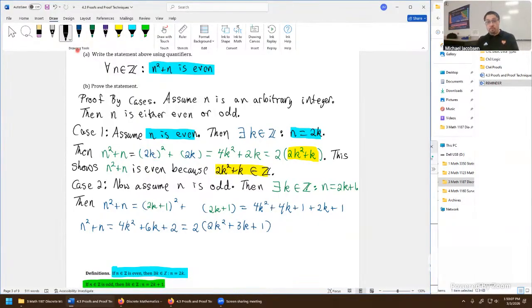If you want to go just a little bit more brief, you can say, this shows n squared plus n is even because 2k squared plus 3k plus 1 is an integer.